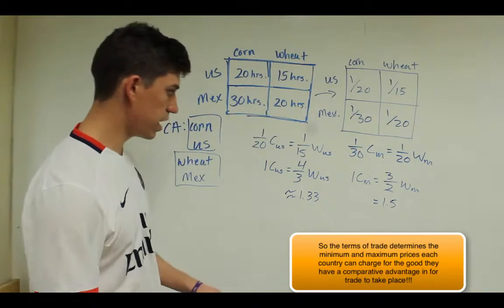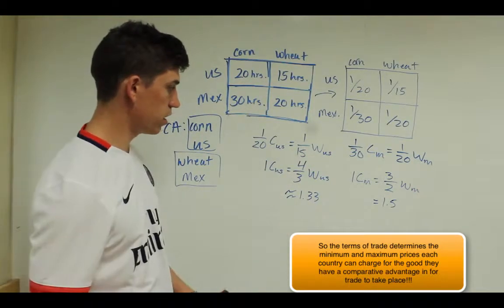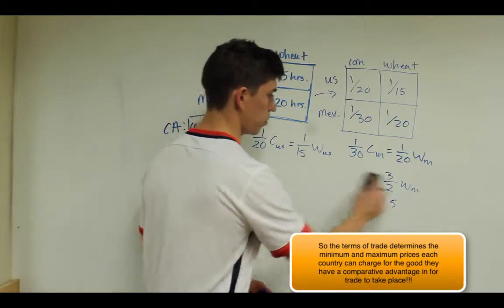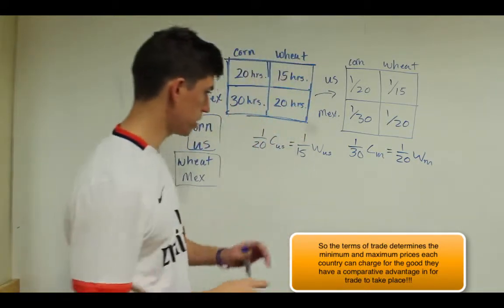So similarly, if we find what the opportunity costs are for the other good, for wheat, we could come up with terms of trade as well.